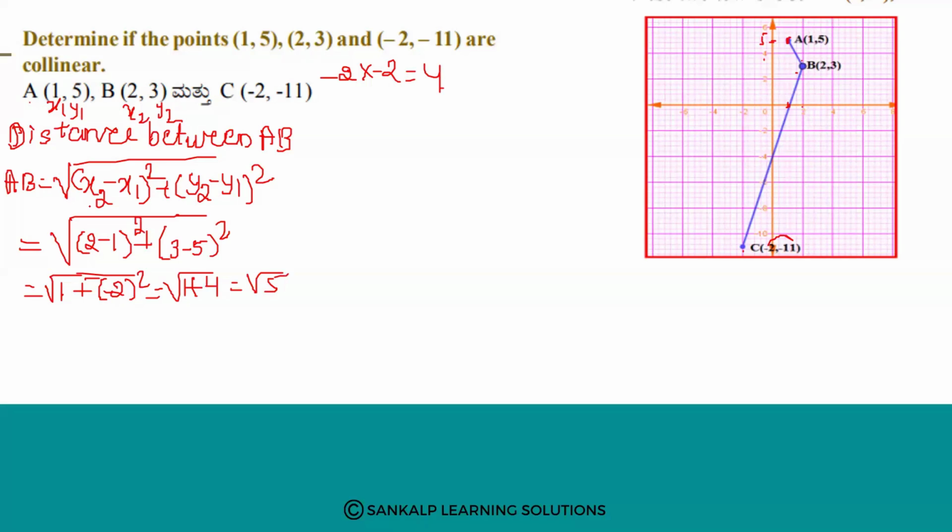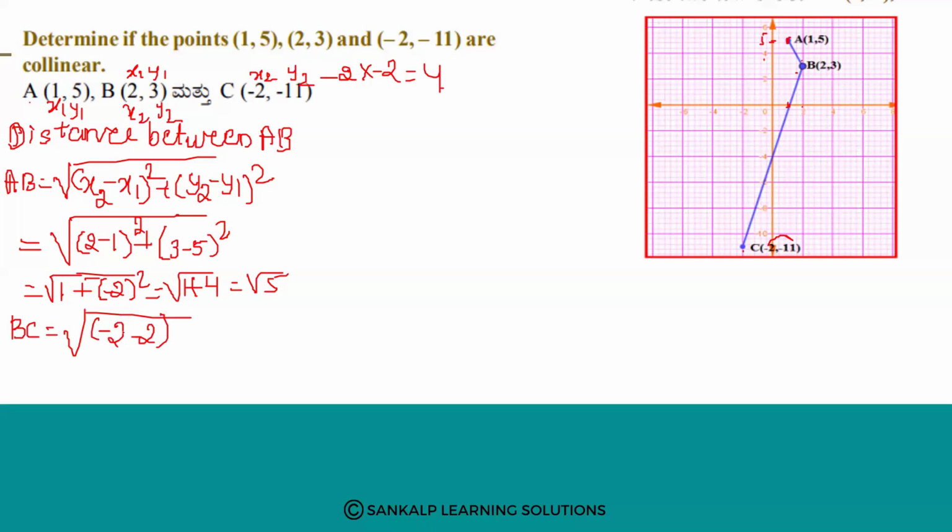Okay. Now find out the distance between BC. So we got the AB distance, now let's find the BC distance. When you consider BC, this is x1, y1 and this is x2, y2. Remember. x2 value is minus 2 here, x1 value is 2.